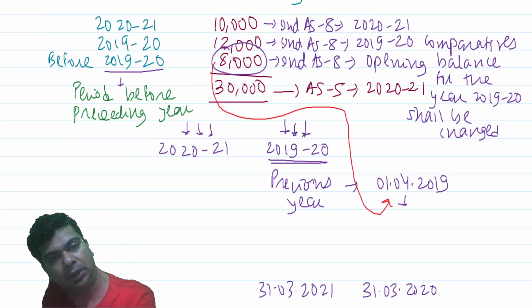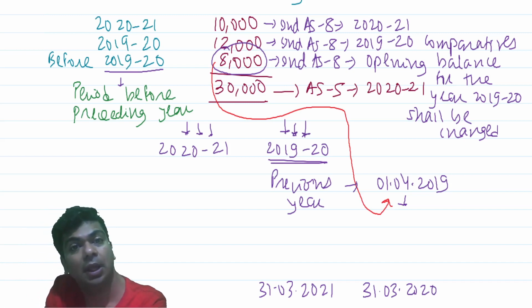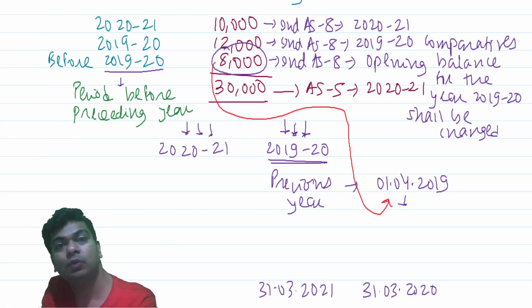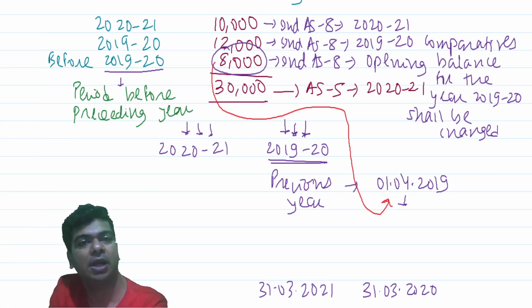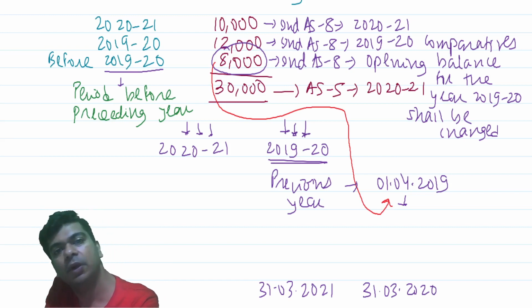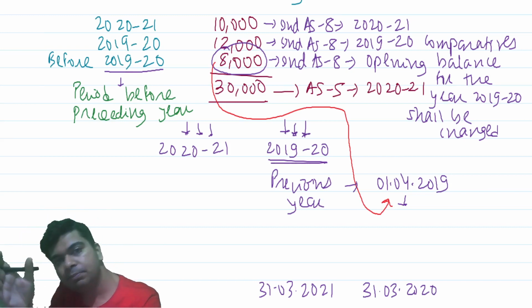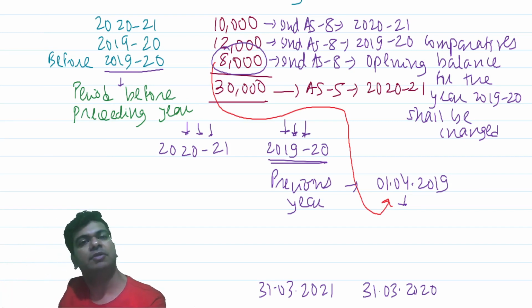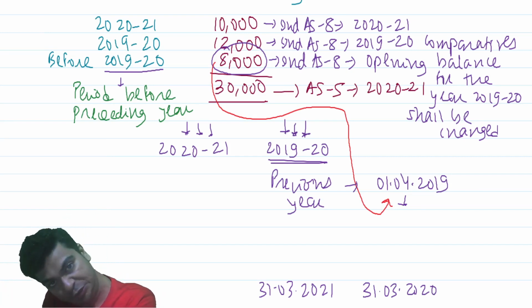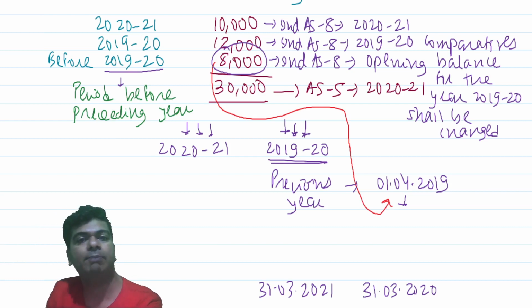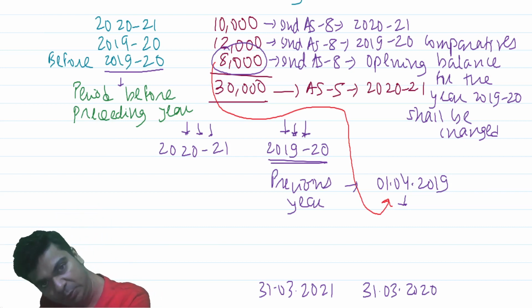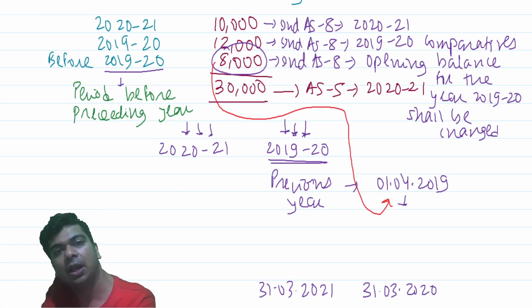You tell your accountant that we are changing the accounting policy. Your accountant will just keep on looking at you. The accountant will explain that if you change an accounting policy, its effect has to be given retrospectively. I will have to open all the P&Ls, all the balance sheets of the last 150 years so that I can accurately project the cumulative effect of the change in the accounting policy.